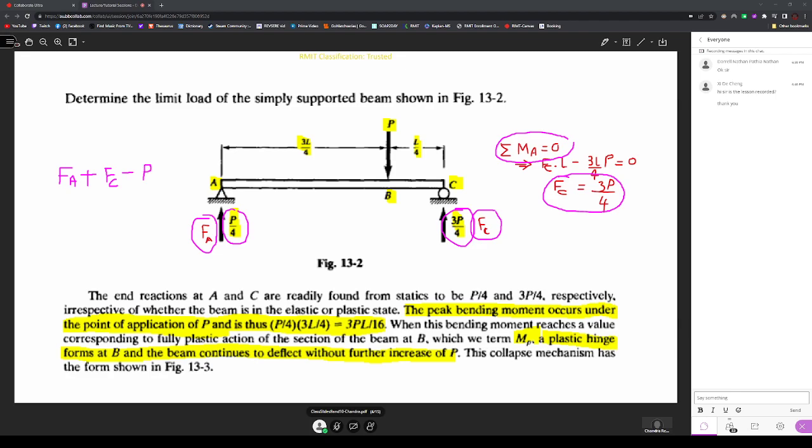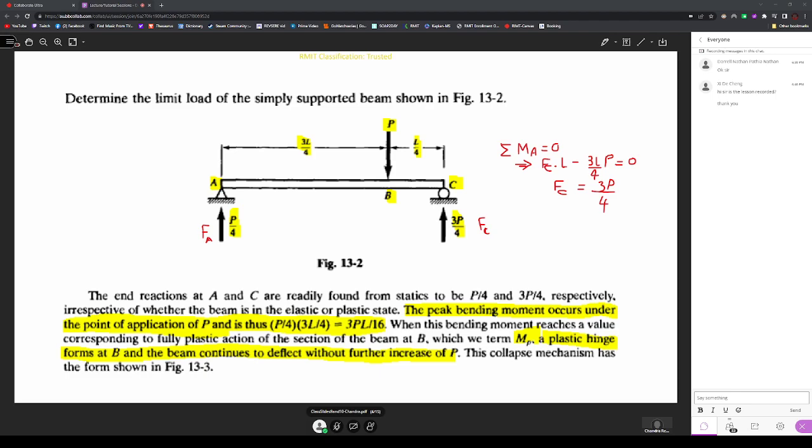So when you apply the sum of the forces acting on the system as 0, then we can see the force acting at A is P by 4. So the reactionary force acting at A is P by 4, and the reactionary force acting at C is 3P over 4. So we can easily find out these reactionary forces by applying the equations of equilibrium, which we studied last term in solid mechanics too.